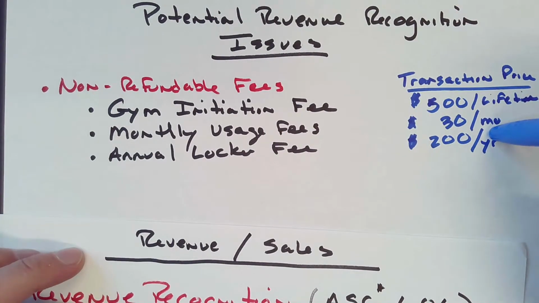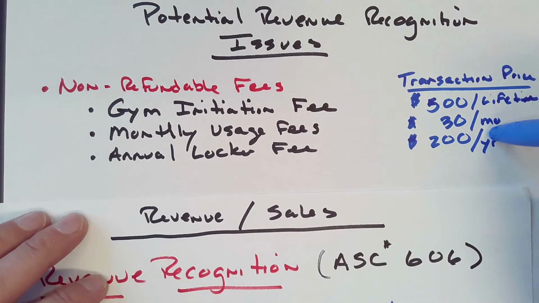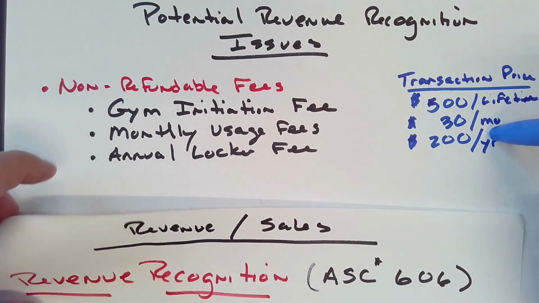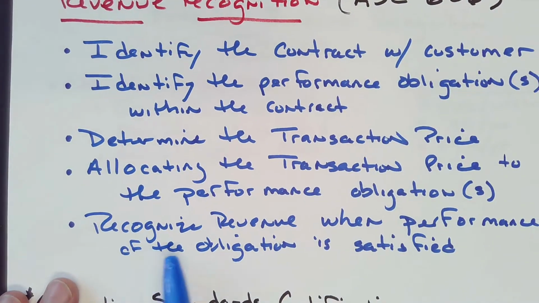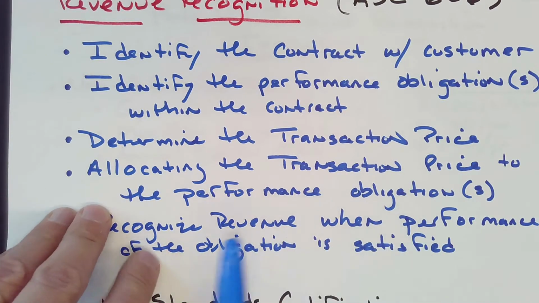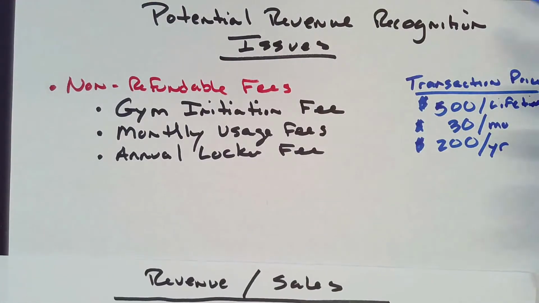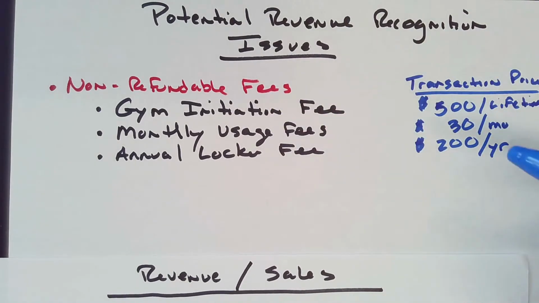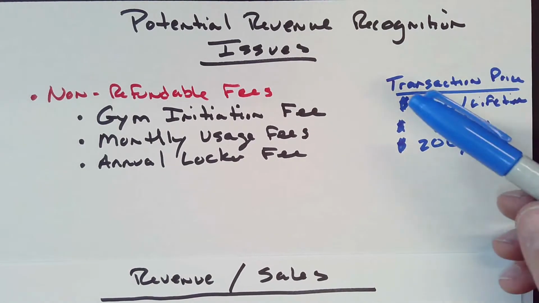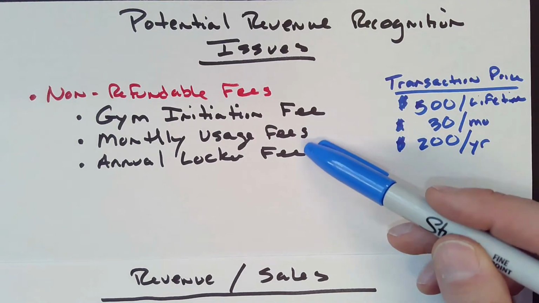Okay. So now we've got to recognize revenue when the performance obligation is satisfied. We can probably take care of these two first.